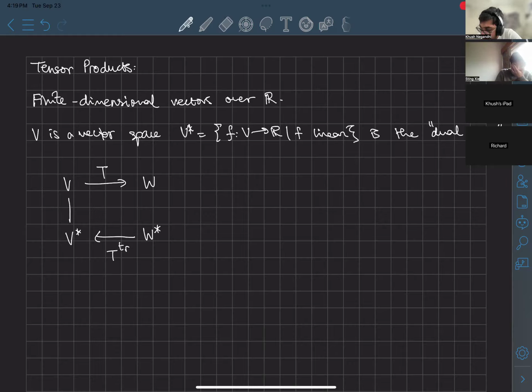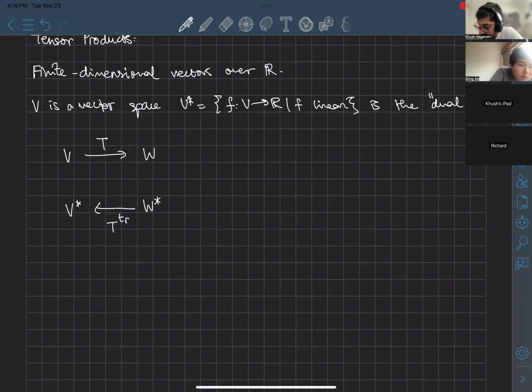What the transpose does is that it acts on a function f. So f here is in the dual of W, and then the transpose applied to f is now in V dual.